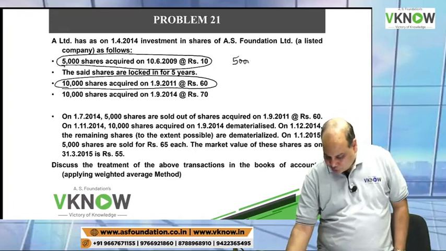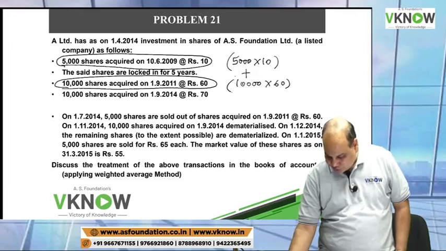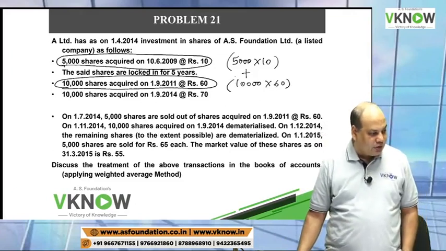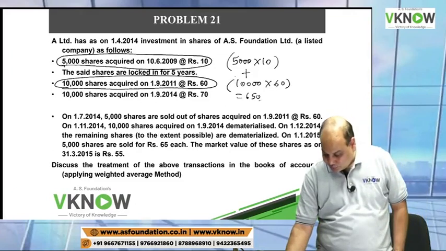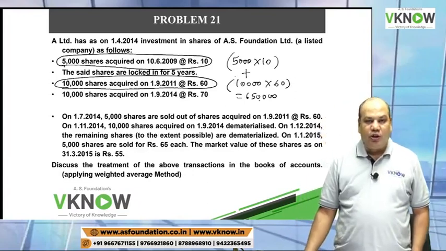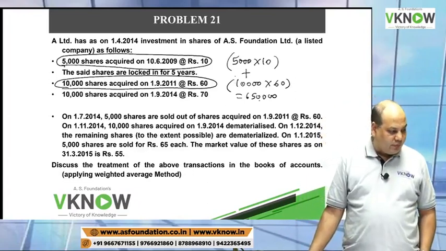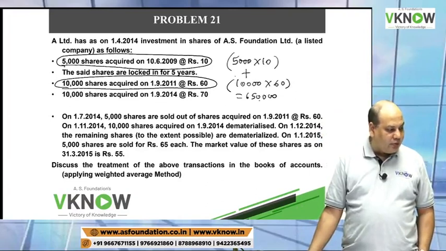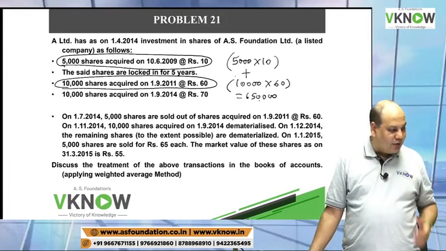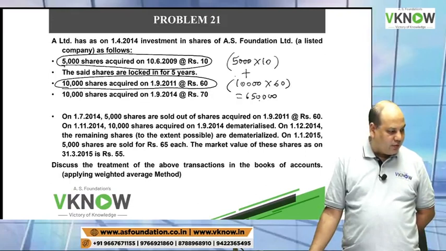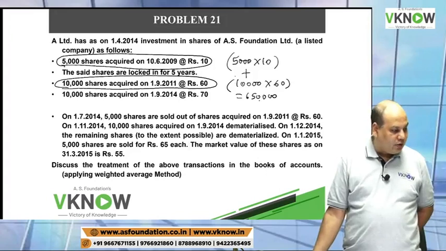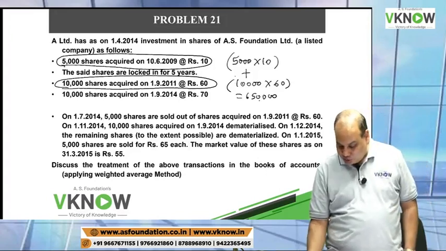So total opening stock is 5,000 into 10 plus 10,000 into 60 plus 10,000 into 60, and now I have started getting the answer. Your balance brought down in the amount column will be 6,50,000. Dhruv is right, Kunal is right, Tanya is right, Thakur is right. Sanket is saying 1,50,000, which is wrong. Sakshi is right. Anyway, this is my opening stock.